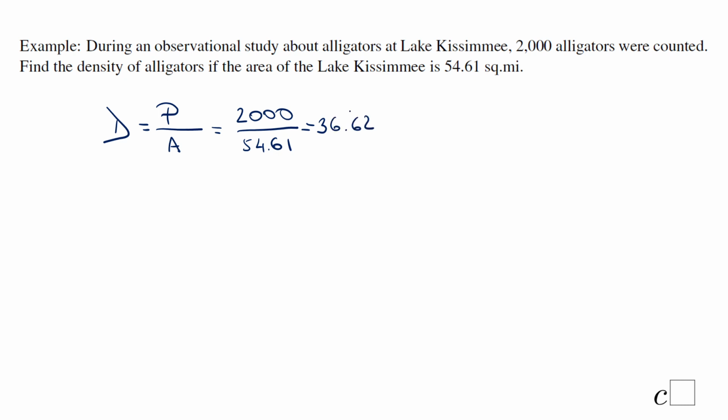What is this number? It's very important to understand what this number is. Alligators per square mile. So in other words, if you go to this lake, you expect to get 37 alligators per square mile.